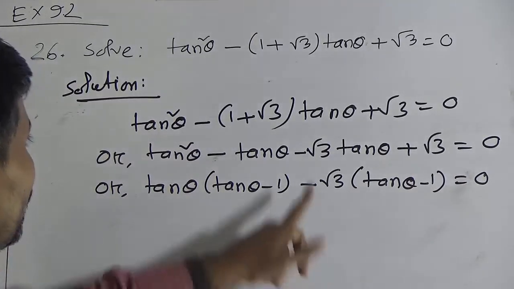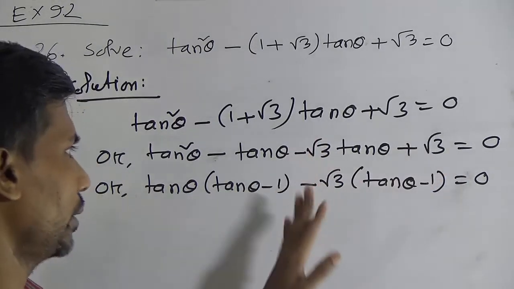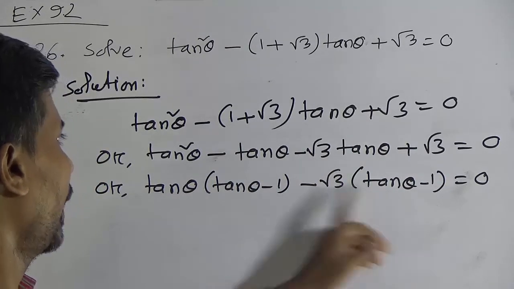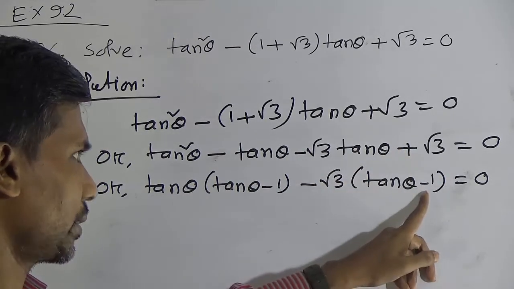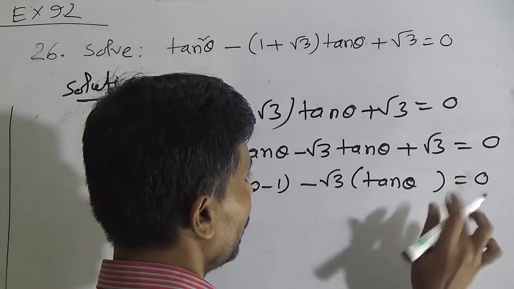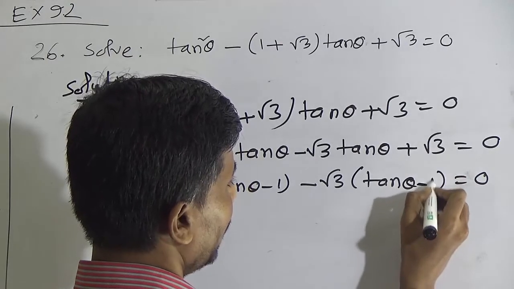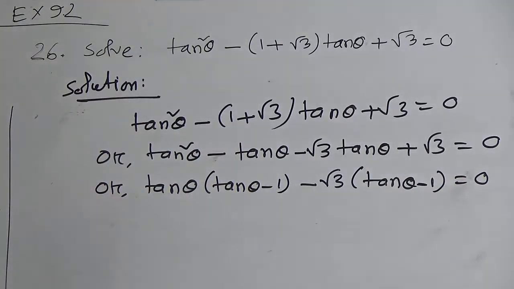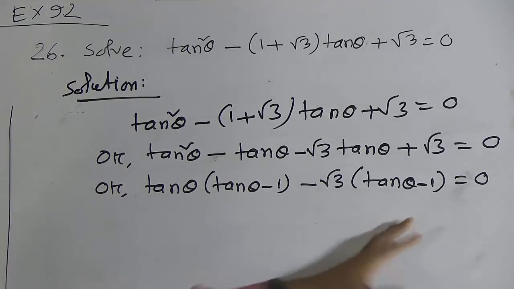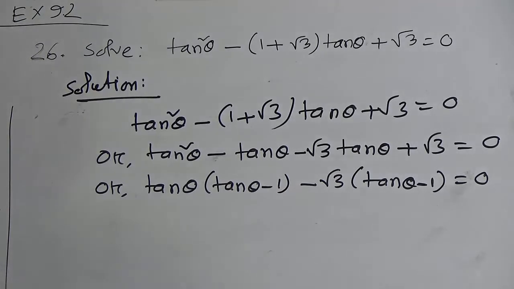Here root 3 is the common factor in the last two terms, then the remaining is tan theta, and minus plus is equal to minus. That means this is minus 1. Now see, tan theta minus 1 is common, and tan theta minus root 3 is the remaining.